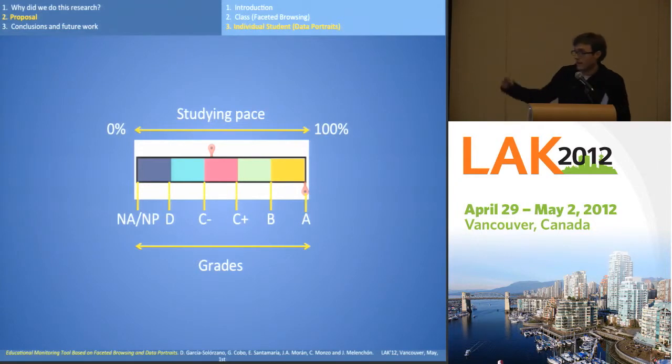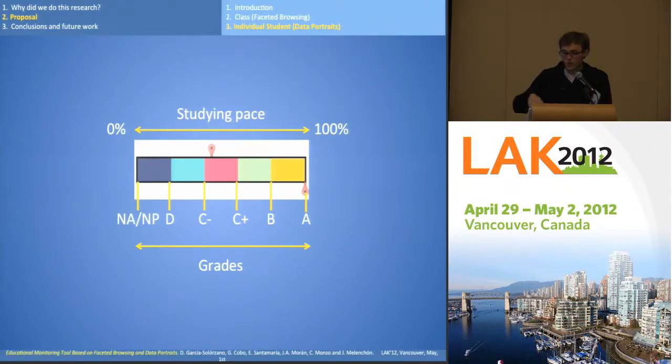We also see that there are two markers on the top and on the bottom. On the top, we can see the student pace. This is a continuous timeline that goes from 0 to 100%, the percentage of activities that have been completed.